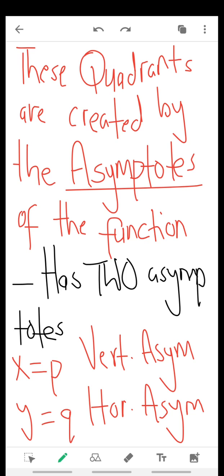A hyperbola has two such imaginary lines, a vertical one and a horizontal one, which are given by the equations x = p and y = q, where p and q are the vertical and horizontal asymptotes respectively.